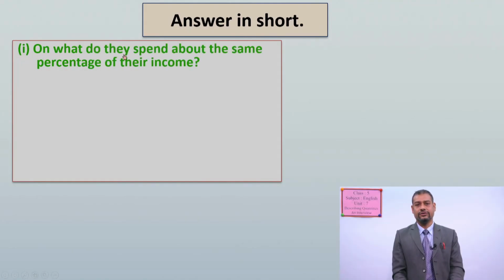On what do they spend about the same percentage of their income? So Prem spends the same percentage on what? And Puna also spends the same percentage on what? You have to find out because it's clearly given in the interview. I have already explained it to you. Please, you can start writing.